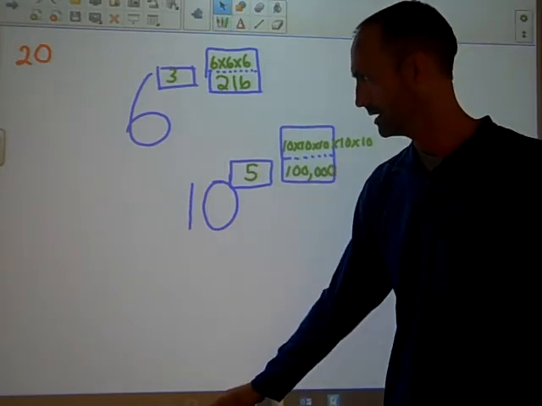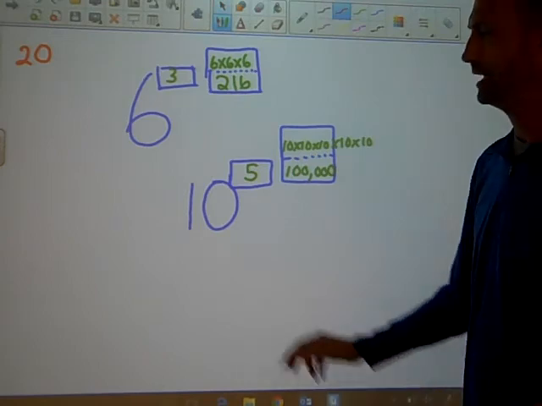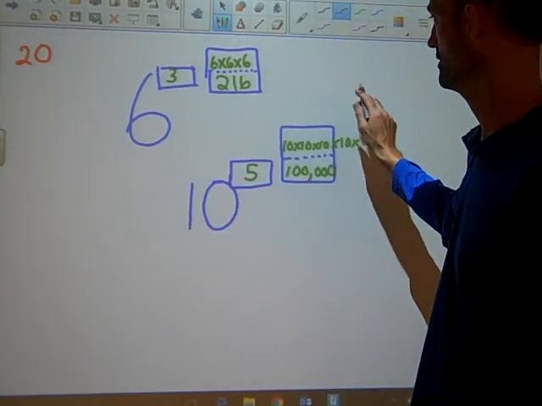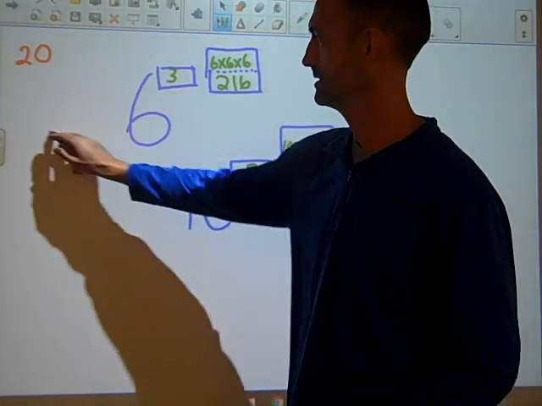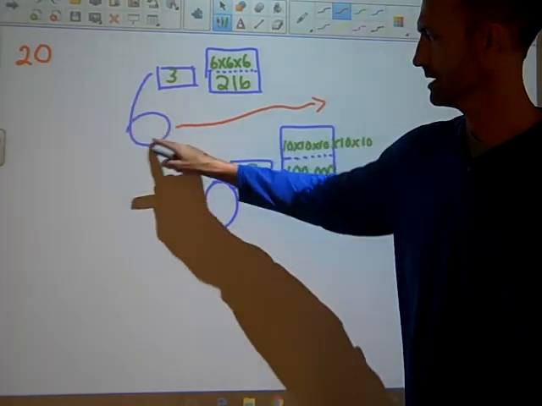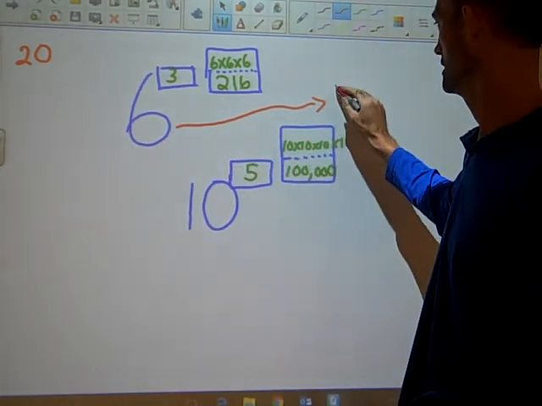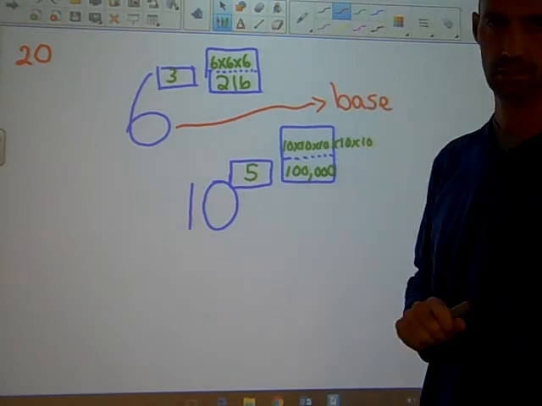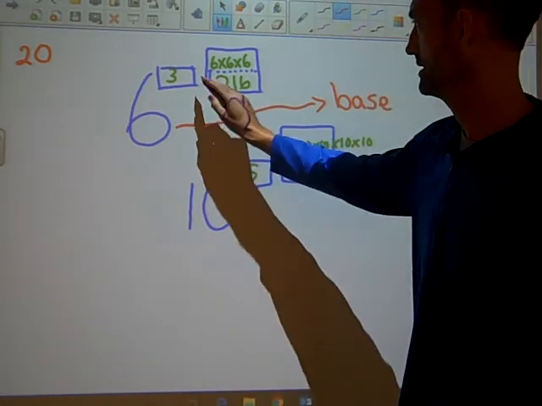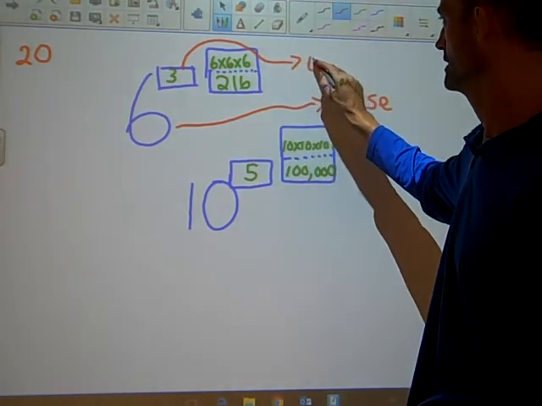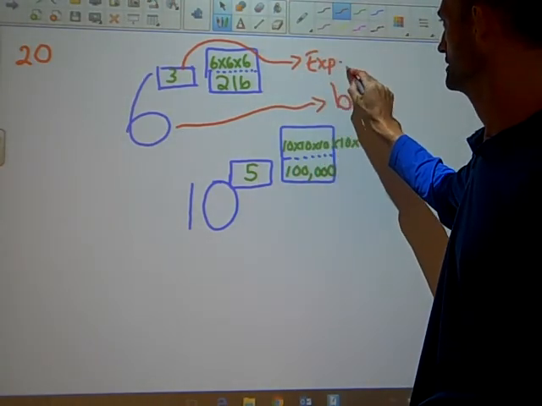Now with your pencil, draw a line or draw an arrow this way if you have room over here, otherwise this way, but I'm going to do it this way. That big number here on the bottom is called the base number. And this number, the littler one up on top, is called the exponent.